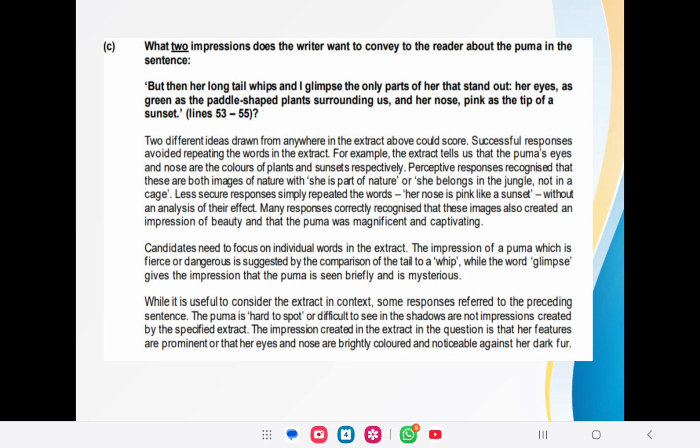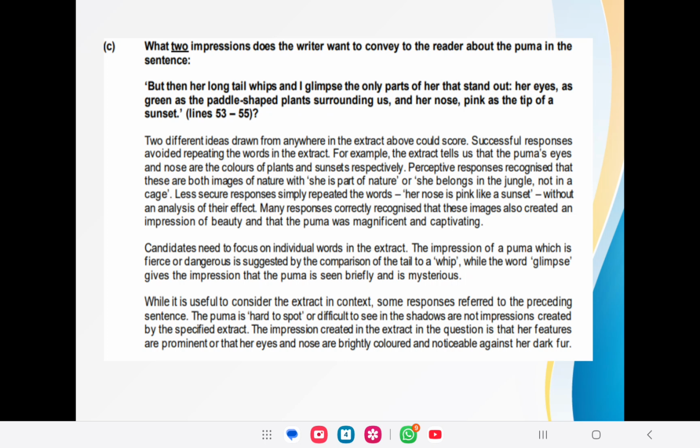So candidates need to focus on individual words in the extract. The impression of a puma which is fierce or dangerous is suggested by the comparison of the tail to a whip, while the word glimpse gives the impression that the puma is seen briefly and is mysterious.